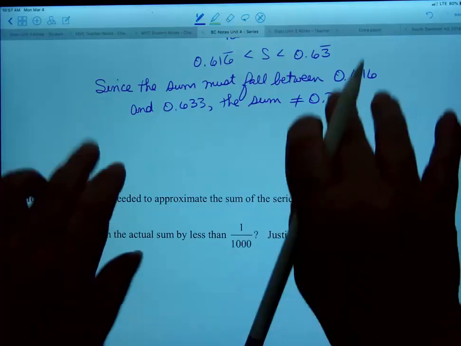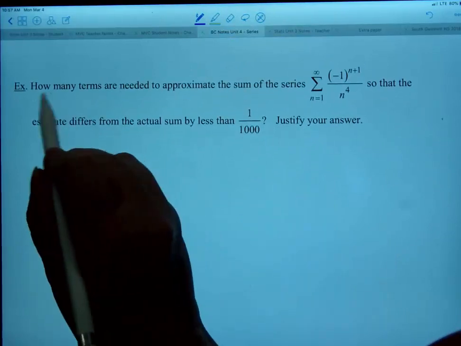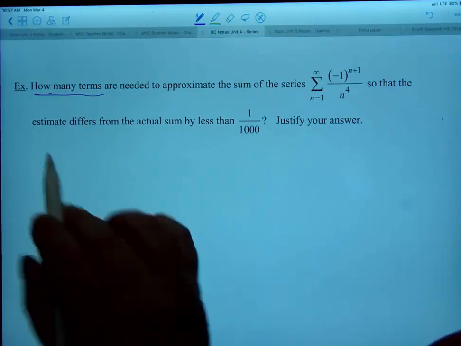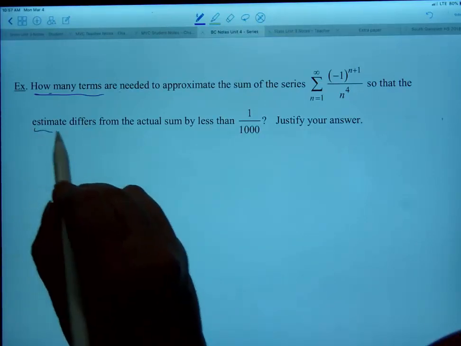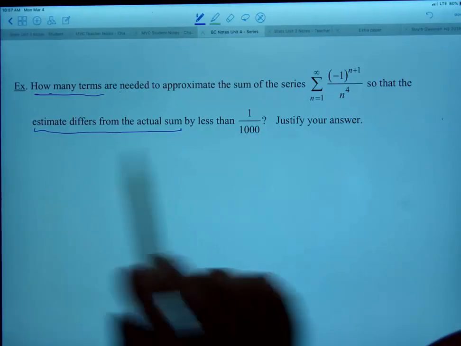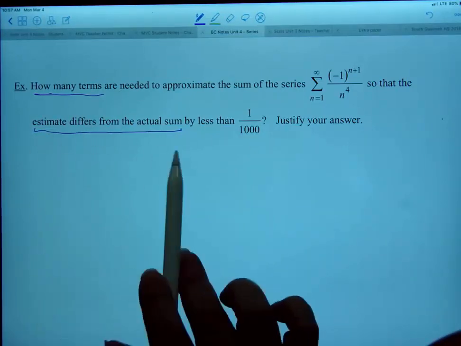The next question says, how many terms are needed to approximate the sum of the series so that the estimate differs from the actual sum by less than 1/1000? Justify your answer. That seriously is a very scary looking problem. But this phrase here, please underline that phrase, highlight that phrase, whatever.